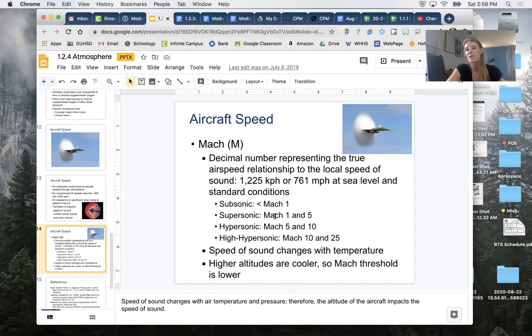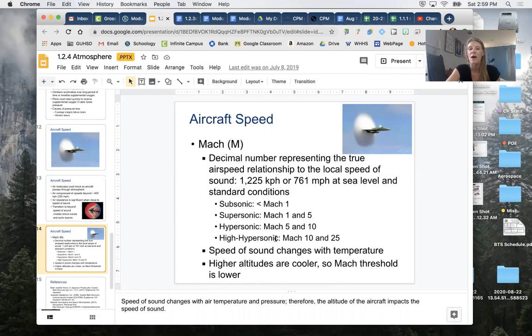Supersonic is going to be from Mach 1 to Mach 5, which is above 761 miles per hour. Then we have what's called hypersonic speed, which is Mach 5 to Mach 10, and high hypersonic, which is Mach 10 to 25. We'll talk about aircraft later on.